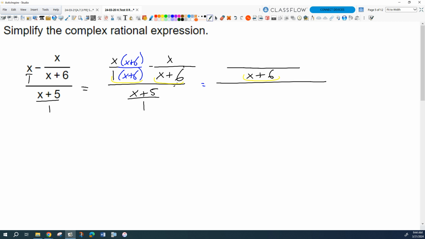What's my numerator going to be? Well, I'm going to have first numerator minus second numerator, right? Good. Bottom, already done.